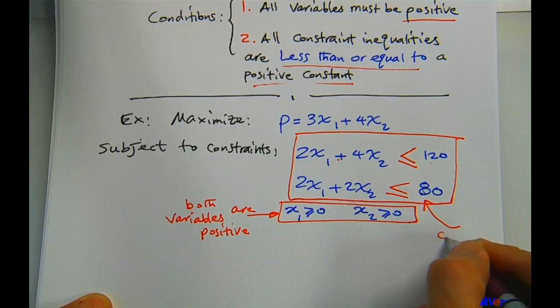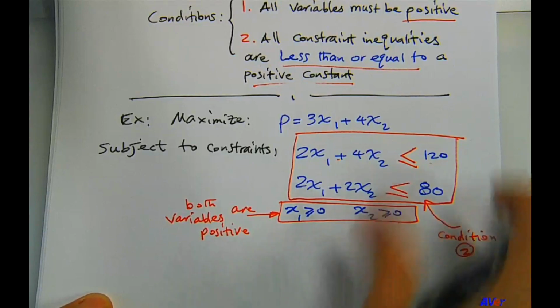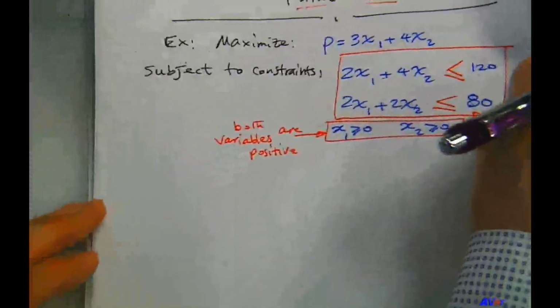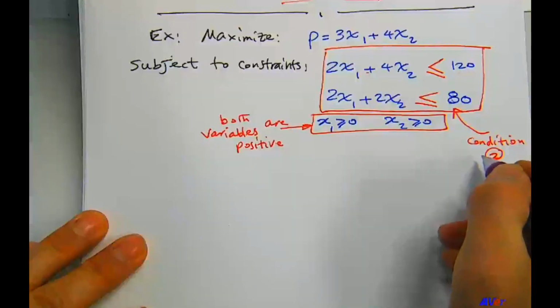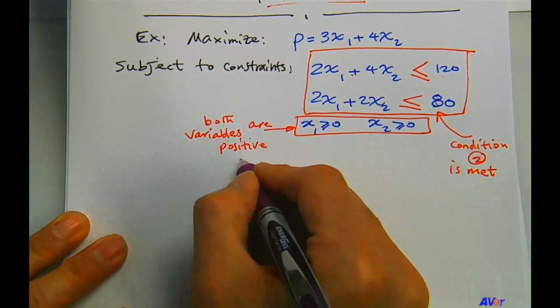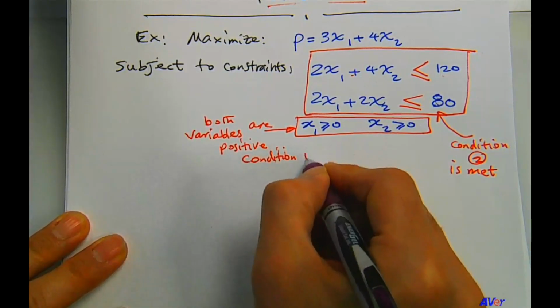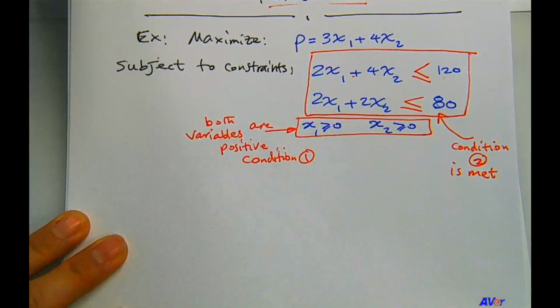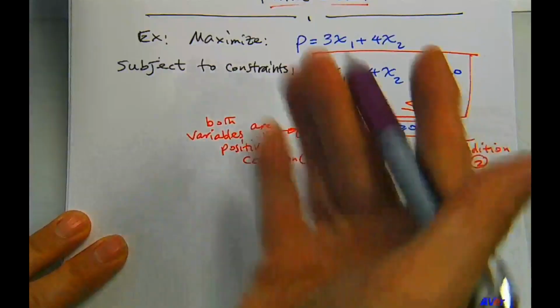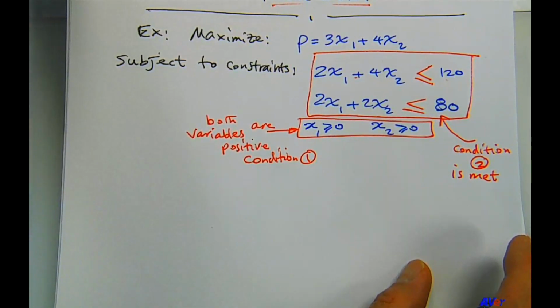So condition 2 is met, and this is condition 1. That's why we know that this maximum problem is a standard maximum problem.